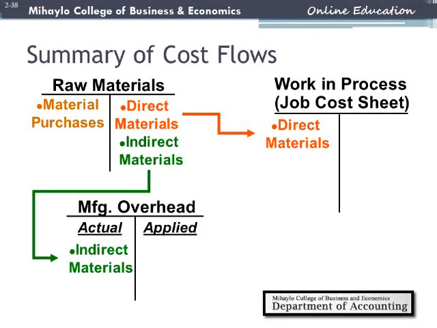Part 2. The cost of direct material requisitions is debited to work in process and added to the job cost sheet, which serves as a subsidiary ledger. Part 3. The manufacturing overhead account is debited, and the raw materials inventory is credited for the indirect materials used.